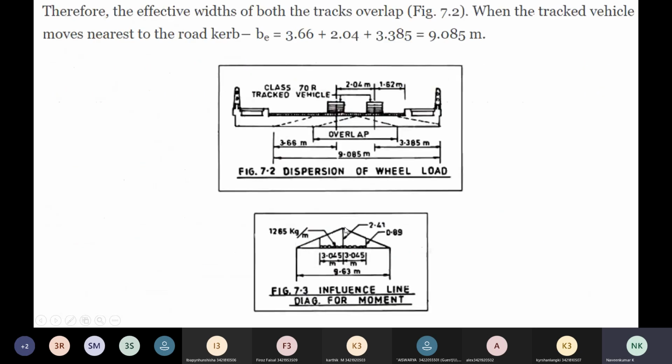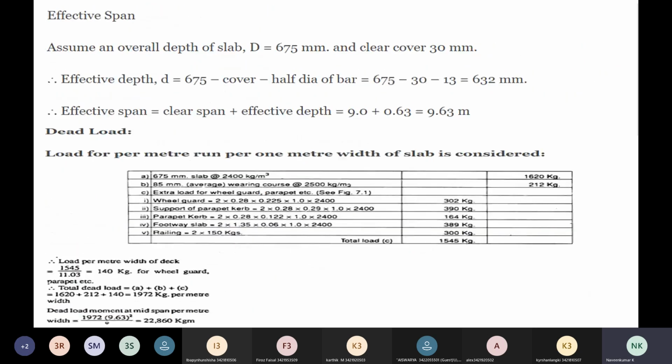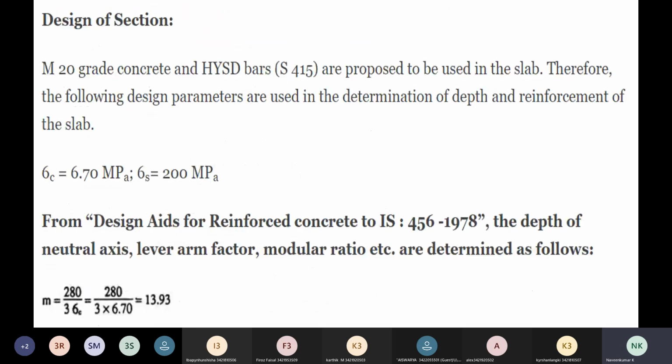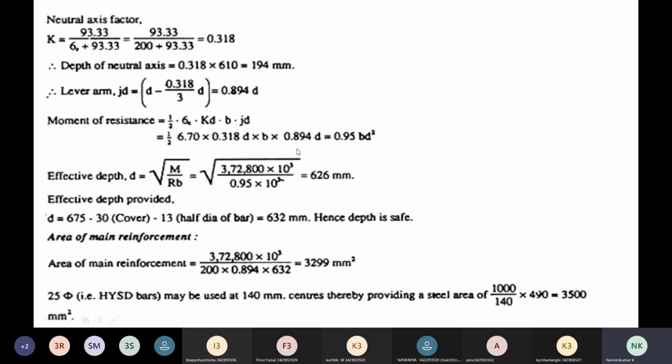If you see the depth we assumed, we assumed the depth as 632 mm from the initial steps. But what is the depth we are going to provide? 632 only we are going to provide. Only 626 is enough, but we are providing 632.